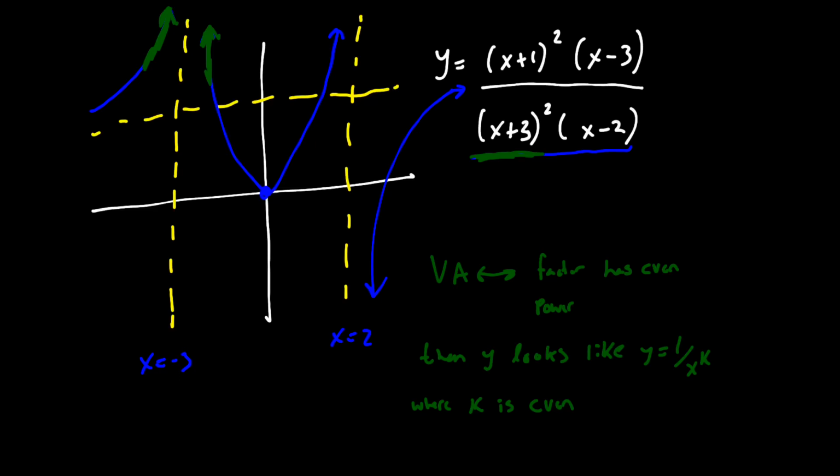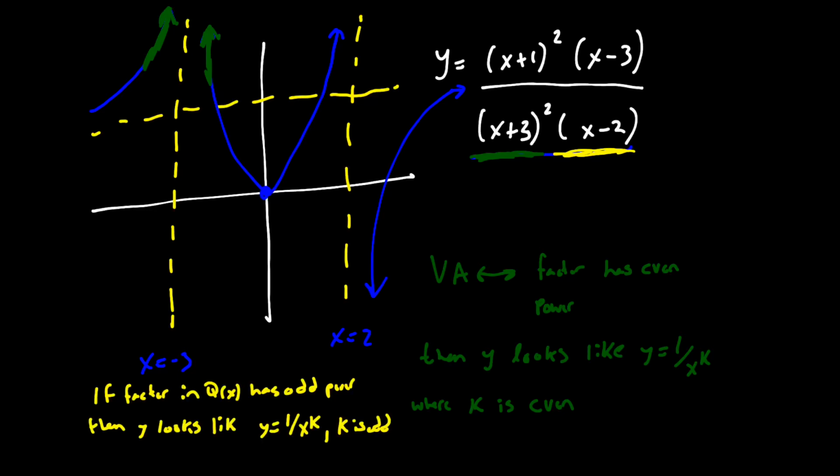In the other case, if we have a factor corresponding to a vertical asymptote with odd power, for example this one here, then y looks like the graph y is equal to 1 divided by x to the k, where k is odd. And this can be seen in the graph by this piece here. Now to determine if the y values are going to positive infinity or negative infinity, we'll have to use a few different test values to check.